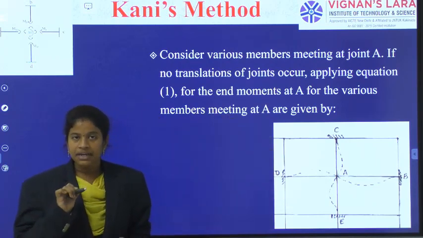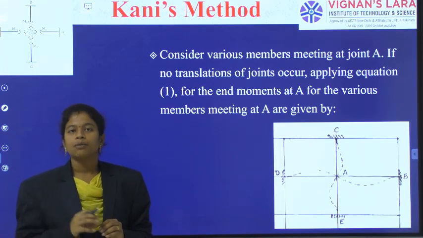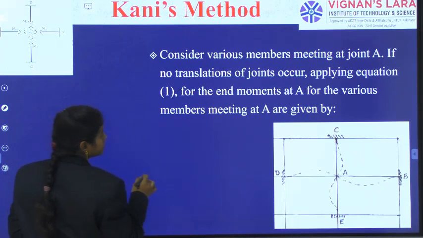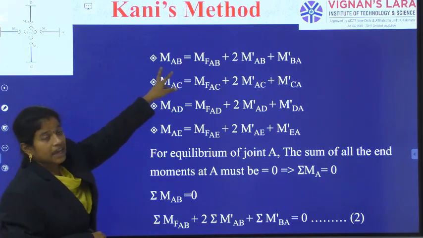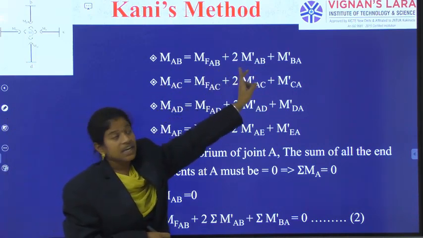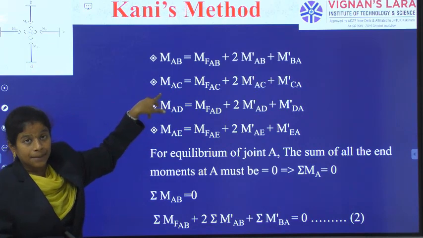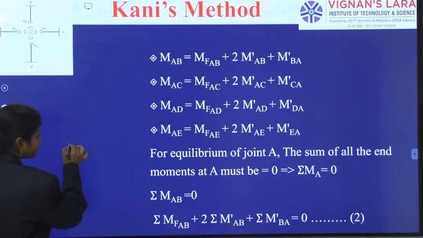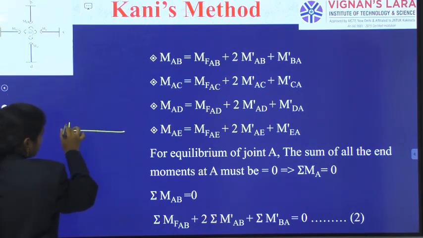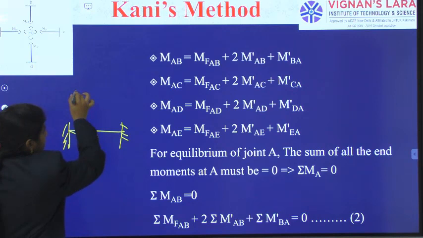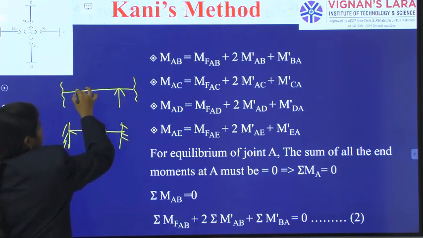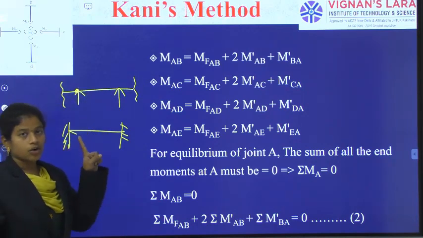So, at A means MFAB. What are the moments which are connecting from A towards any other? Now MAB is equal to, for the AB span, MFAB, 2 M dash AB, M dash BA, and then MA towards C. In the previous case I had only one member, a continuous beam, and for that I got only one equation.